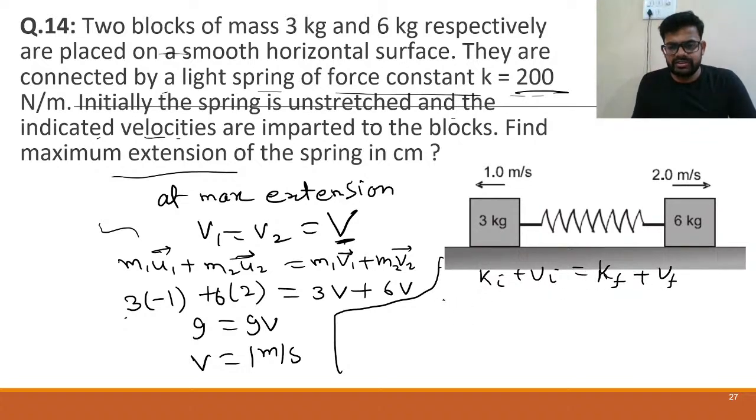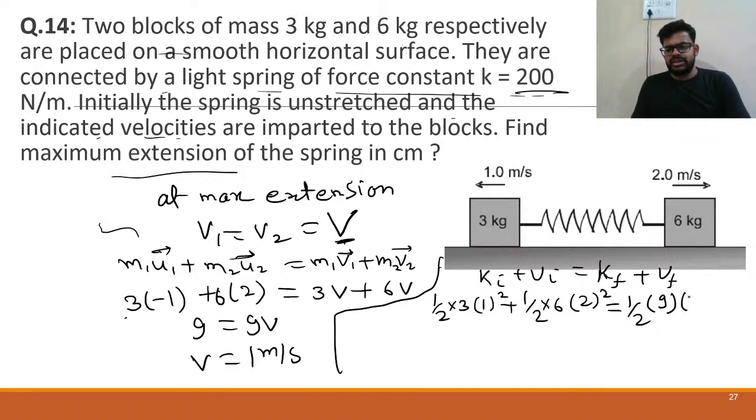K initial is half m1 v1 square plus half m2 v2 square. Okay, that will be equal to final kinetic energy half m1 plus m2, that is 9, right, into v square, so that is what, 1 square, and finally it will be at maximum extension. So half value of k is 200 into x square.